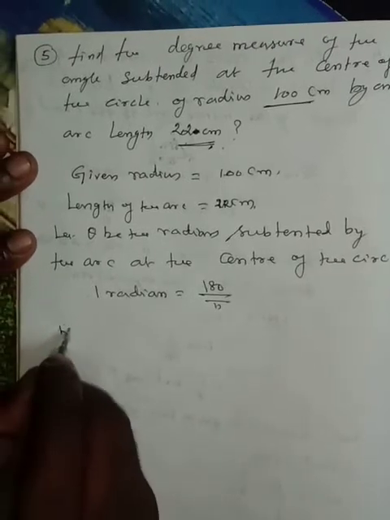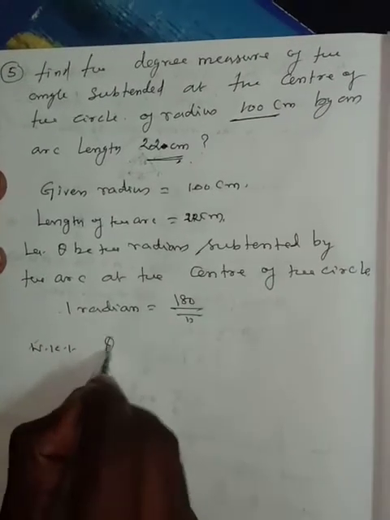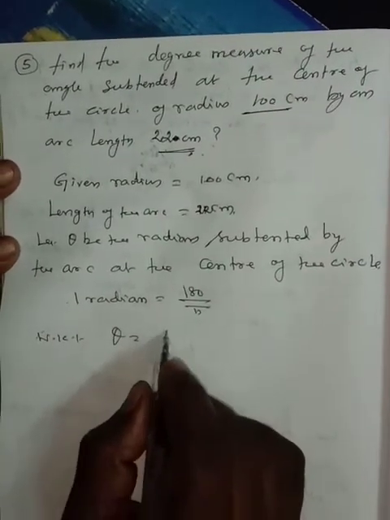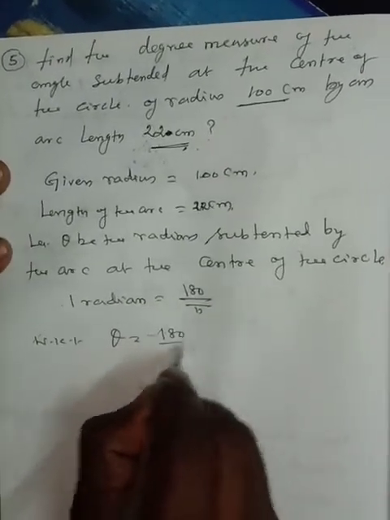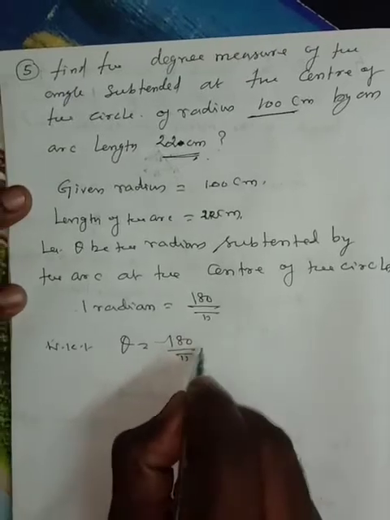We know that theta is equal to 180 divided by pi into L by R.